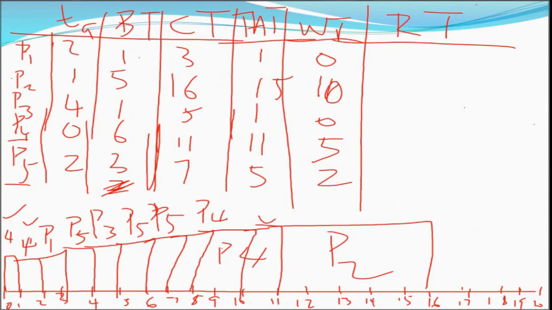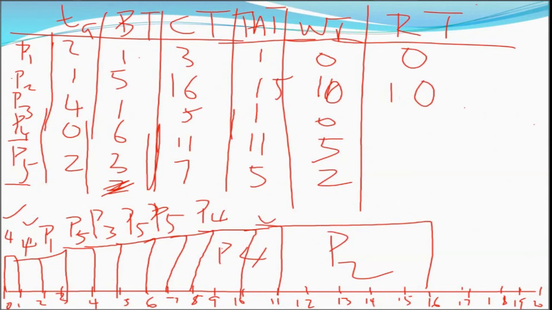Okay. So response time. Response time is the first time allocated to the CPU minus what? The arrival time, right? So what's the value here? P1, because 2 minus 2 is 0. Is that not so? Okay, the first time P2 was assigned is what? 11. So 11 minus 1. Now, let's move on.